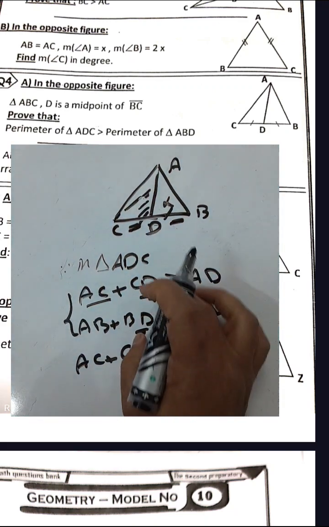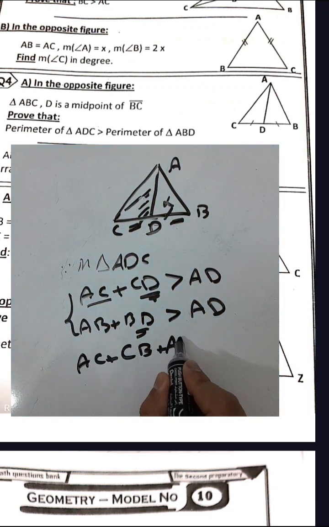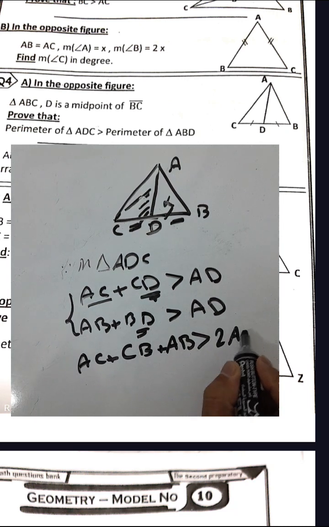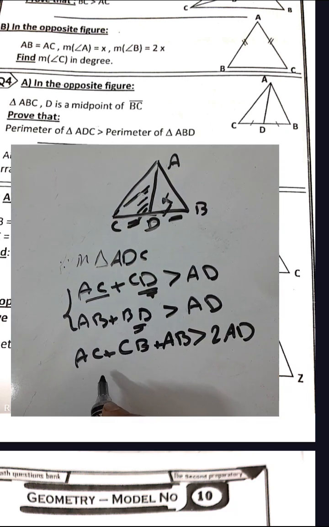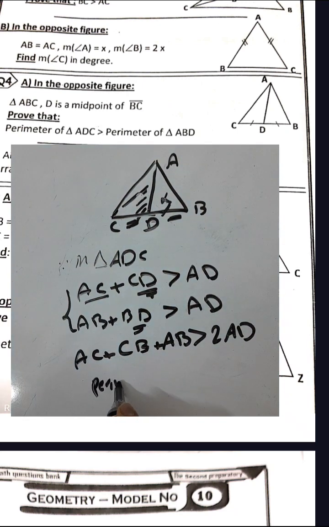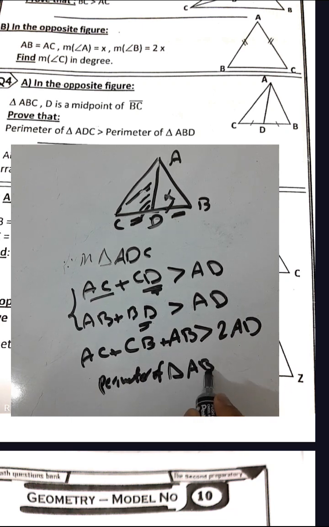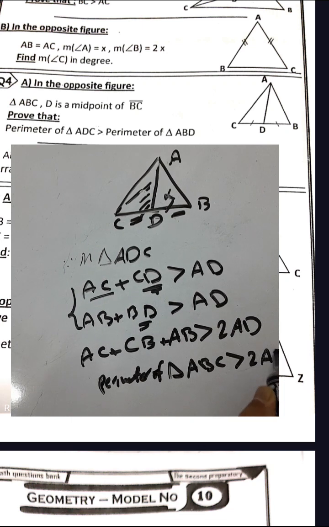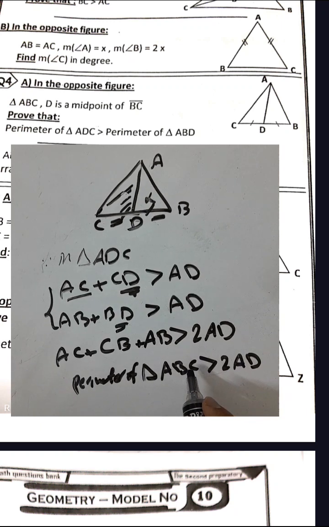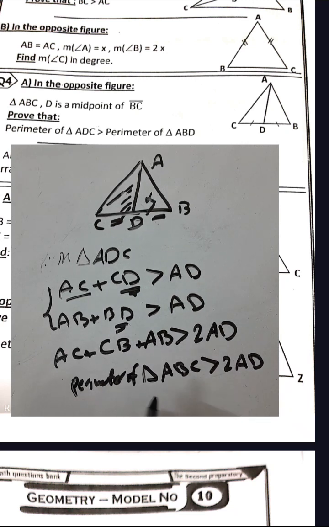Then you can cancel the two parts here and write CB, and write AB greater than twice AD. It's okay. And AC plus CB plus AB, it's the perimeter of triangle ABC. It's greater than twice AD. Then we prove that the perimeter of triangle ABC is greater than twice AD.